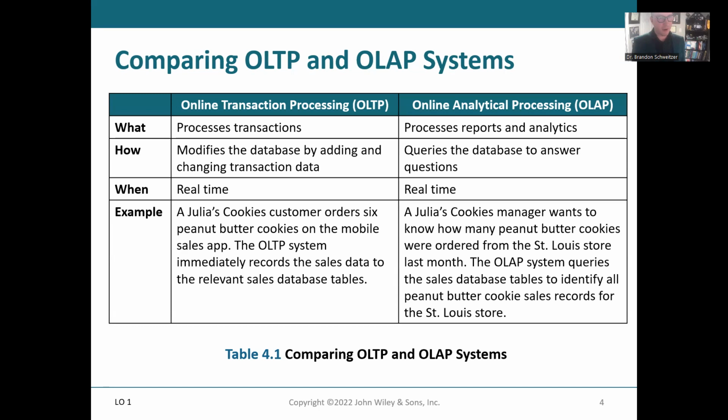And then from an online analytical process perspective, we can see how the process reports and analytics work based on the queries for the database. They answer the questions. And this also happens in real time. So think about these as being two separate systems.